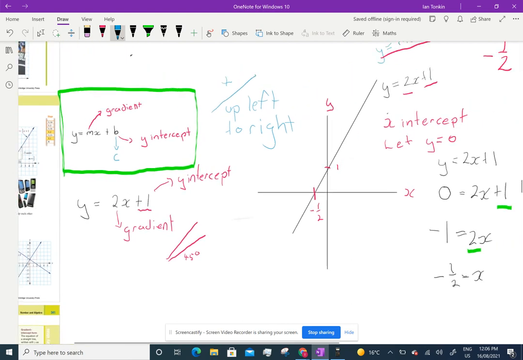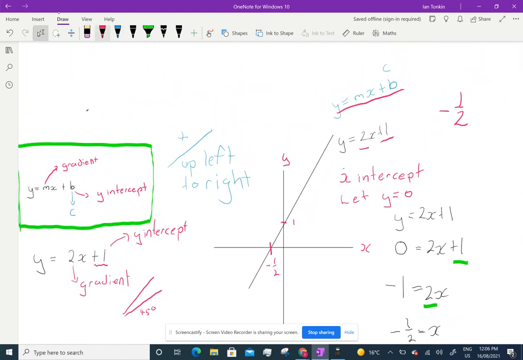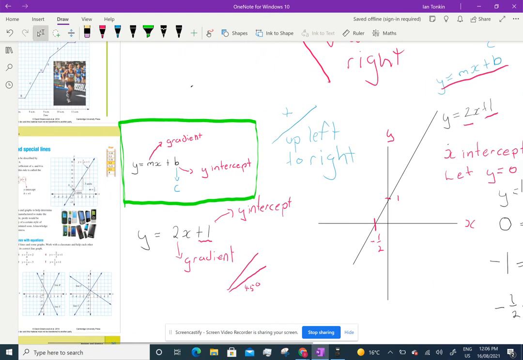Means the line's going up, left to right. And a negative gradient is going down, left to right. That means as we look at it going across the page from left to right. Okay, hopefully you'll be okay with that. Make sure you get all those questions done.